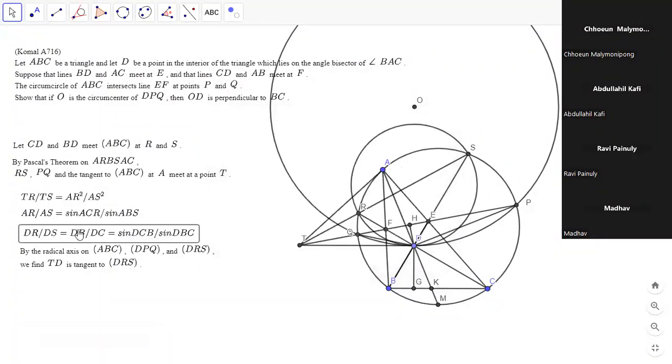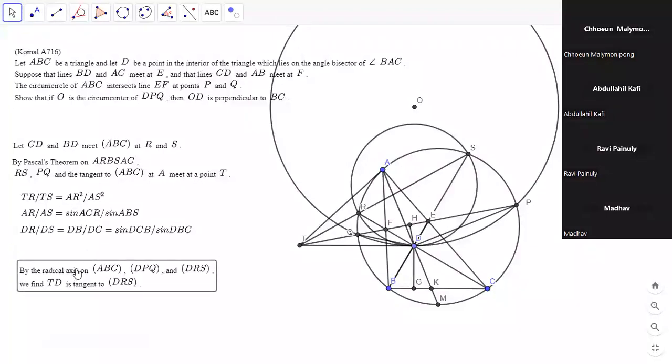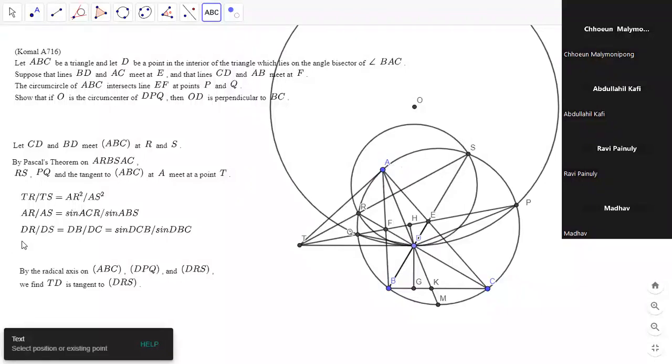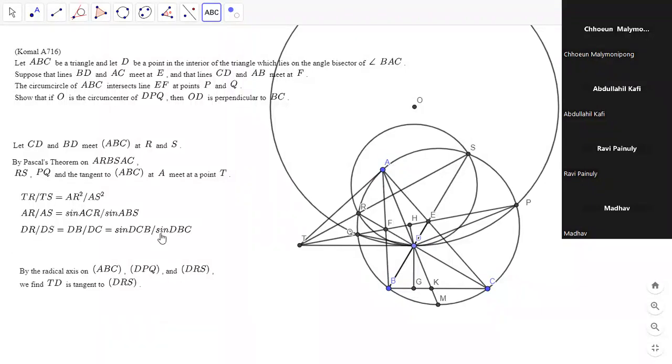So then by Trig Ceva on triangle ABC, we find AR over AS equals DR over DS.